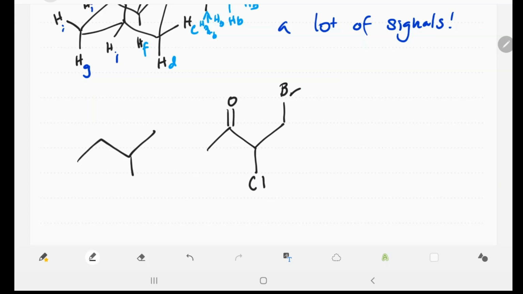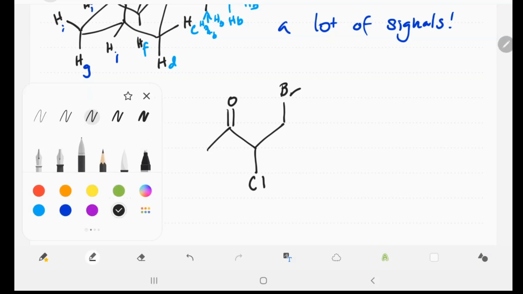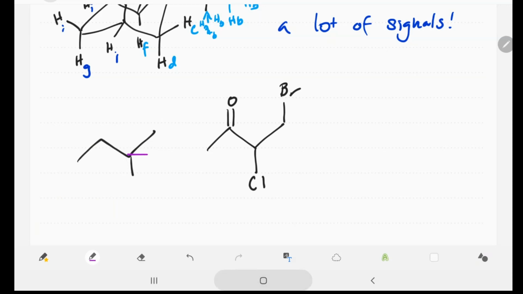Let's see how many signals we would expect from all of these. While this is chiral, I'm just going to pretend it's not. The one on the right. The one on the left isn't. But a good thing to do would be to draw in all the hydrogens, right?